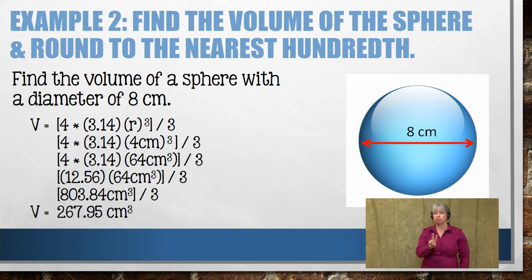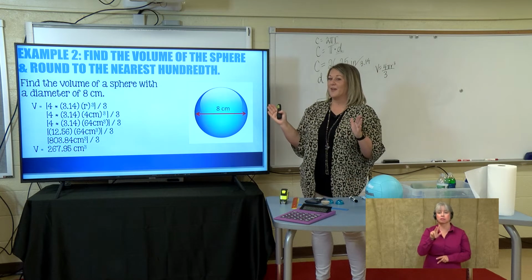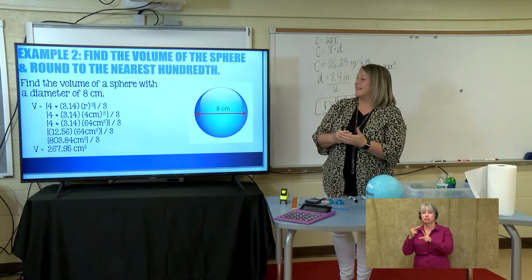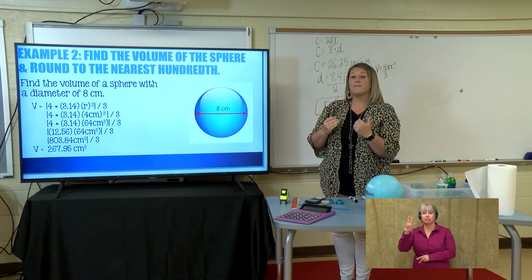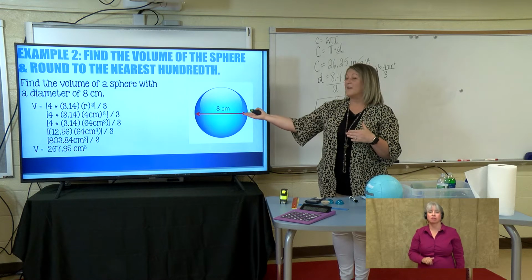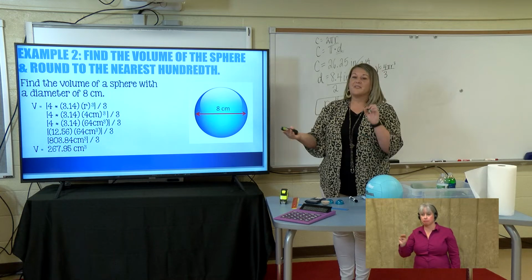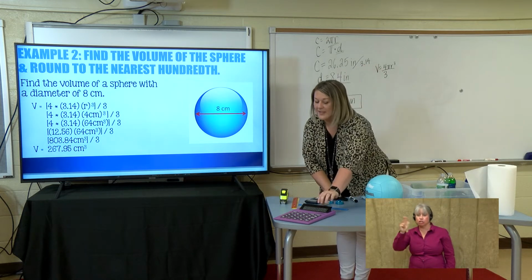If you look at our formula over here, we have 4 times pi times radius cubed, all divided by 3. So I'm going to plug in my ingredients now. What is my ingredient? It's radius, and I know that my radius is 4 centimeters. So I'm going to plug in 4 centimeters, and I have to cube it. What does cubing mean?